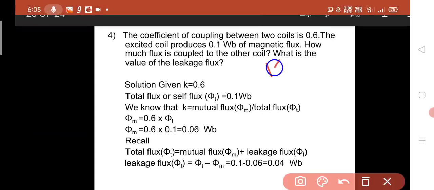So K is equal to 0.6, and total flux phi T is equal to 0.1 Webers.